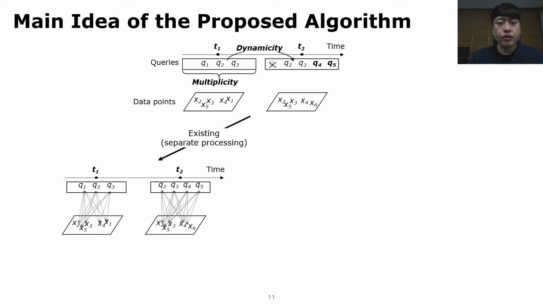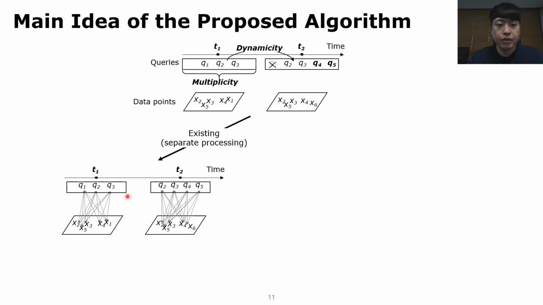So let me introduce the main idea of the proposed algorithm. Given these dynamic and multiple outlier detection queries, the existing algorithms conduct separate processing, which means that at each timestamp, we have multiple outlier detection queries, and that query set changes over time.